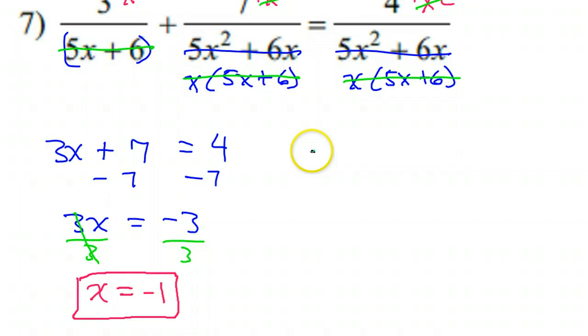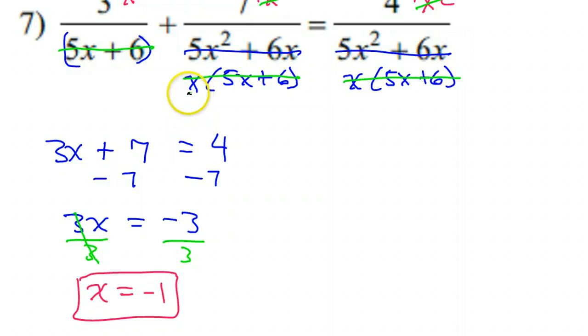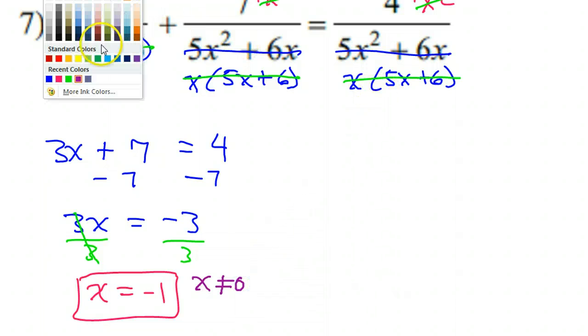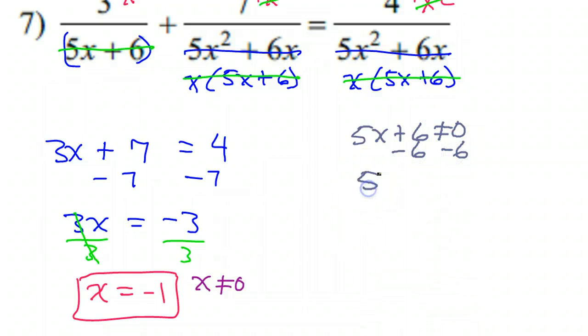Okay, looking at the restrictions, I see 2 restrictions coming. Because of the factor of x, I know that x cannot be 0. Now, because of the factor of 5x plus 6, I know that 5x plus 6 cannot equal 0. Subtracting 6 from both sides tells me that 5x cannot equal negative 6.